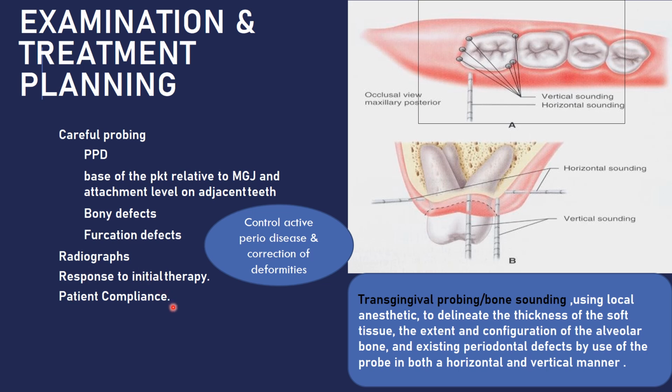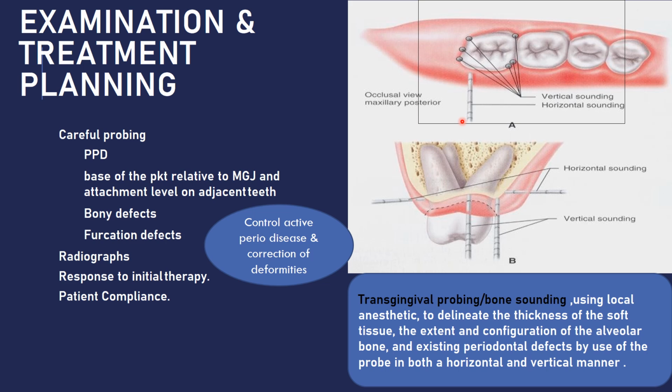When examining, it is always needed to have transgingival probing or bone sounding. The probe should be walked along the tissue-tooth surface so that the operator can feel the bony topography. It can be passed horizontally, through the tissue, to provide three-dimensional information regarding contours, thickness, and height, and also vertically to find out the configuration.